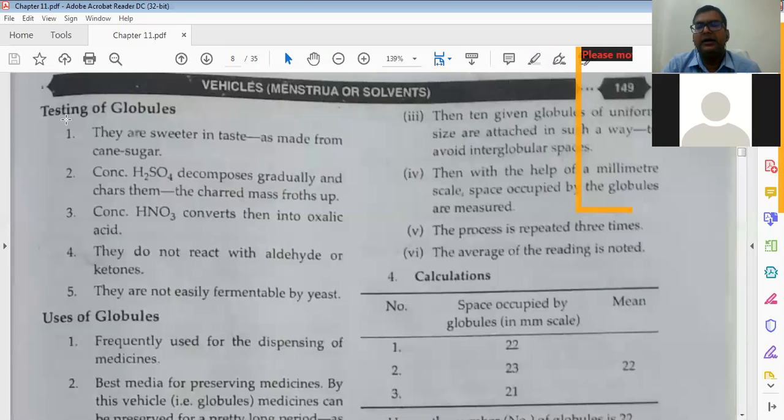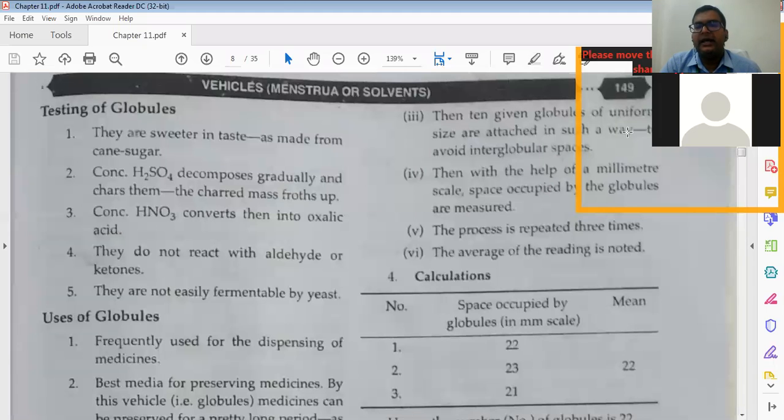Then 10 equal size globules of uniform size are attached in such a way as to avoid irregular space. Here you have to keep globules in this arrangement and there should not be space. This space will come as a human error, so be careful for that.